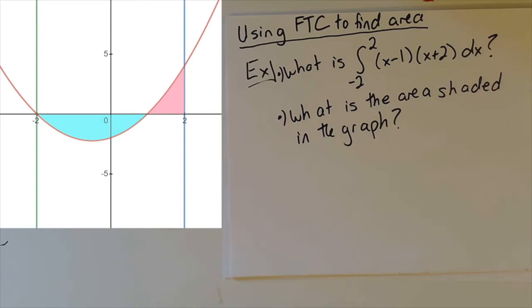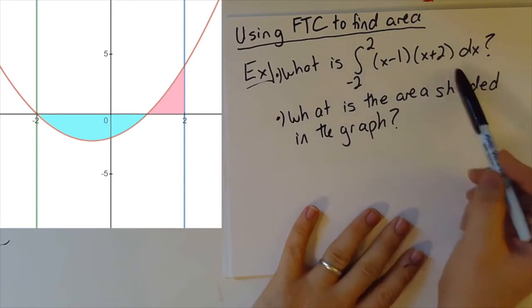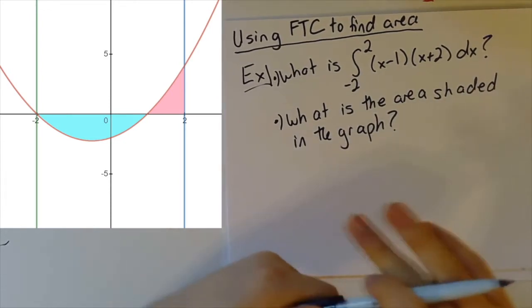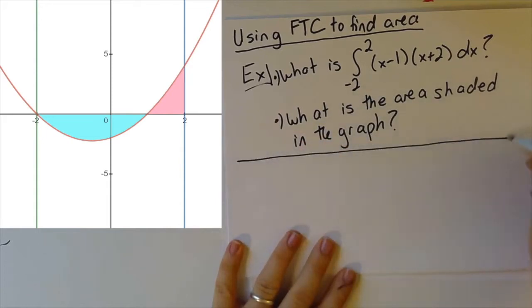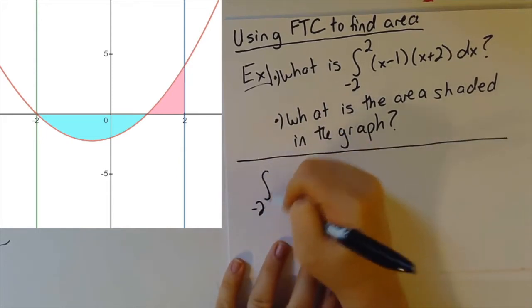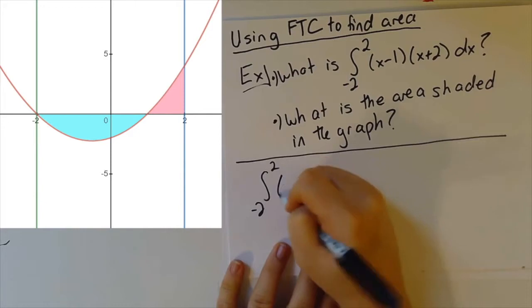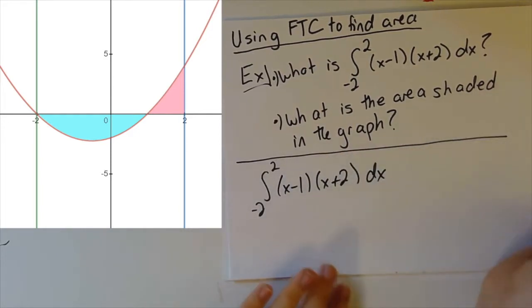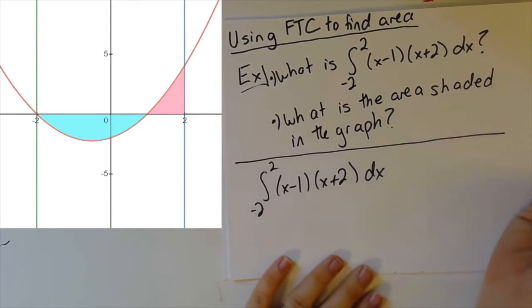And I've shaded the area that lives between the graph and the x-axis, so you can see that it's made up of two parts. Okay, so we know that if I calculate this integral from -2 to 2 of x minus 1 times x plus 2 dx, in terms of the picture, what is this going to be?